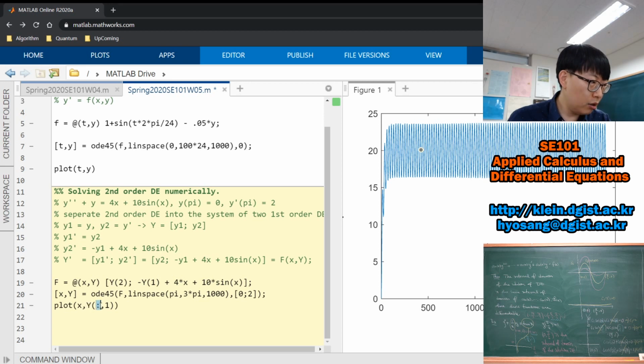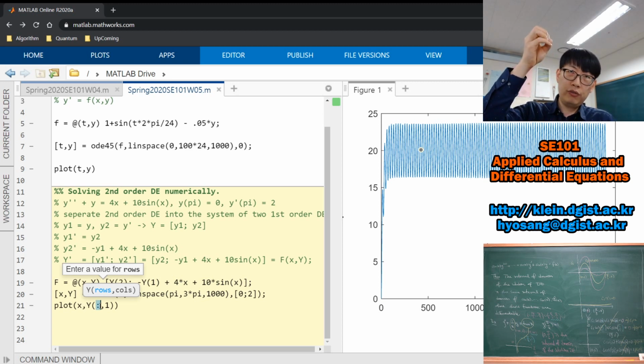I'm choosing all rows by putting a colon here, and then comes a comma, and then the index of the column. So I'm choosing the first column. This colon means I'm choosing all rows. So basically I'm choosing the entries from all rows and the first column. So I get the first column entries.